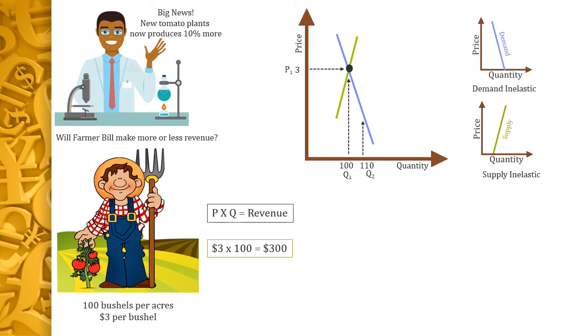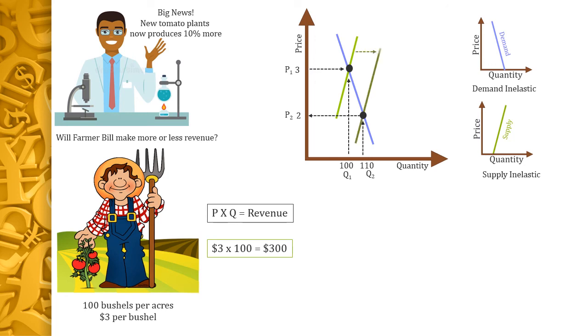And what he said is that he's going to be able to get 10% more per plant. And so from 100, 10% more is 110. We chart that out. And what we see is this will be basically his new point. Well, from that, we can draw over and find out what his price is going to be if he's selling 110 bushels on this demand curve.